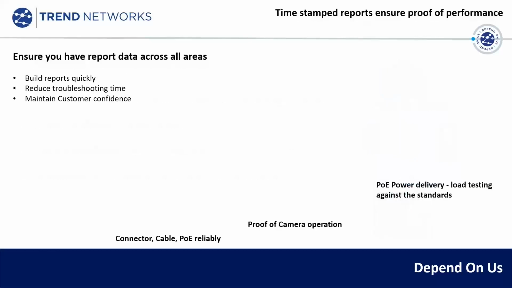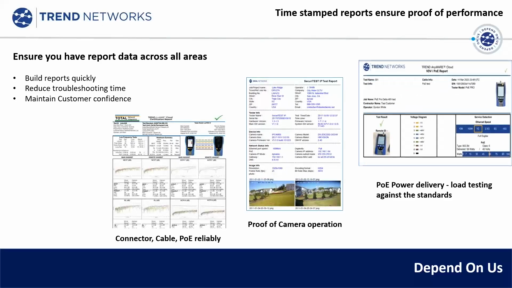Let's get started. So when I talked about proof of performance, all the products that we show today have a report. It is critical you choose a product which has reporting on it, right down to that camera application tester. So if you're choosing an application tester to install a camera, make sure you get the best report you can possible. It will help, okay?